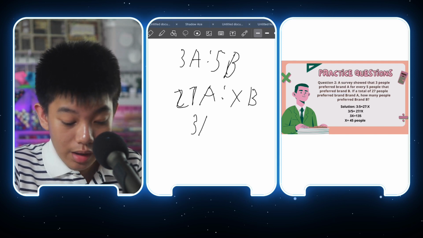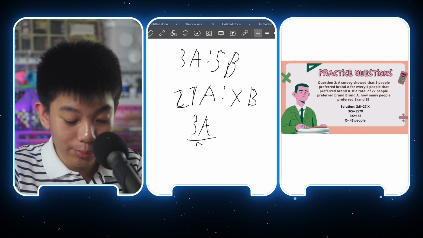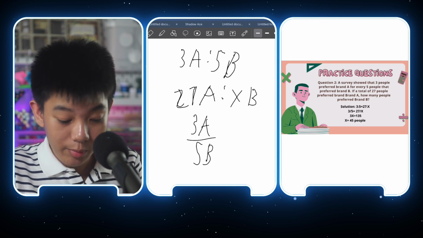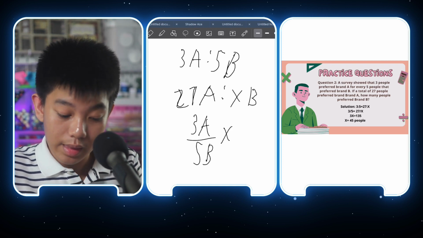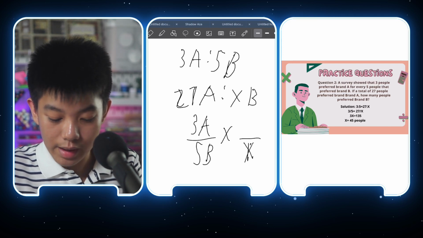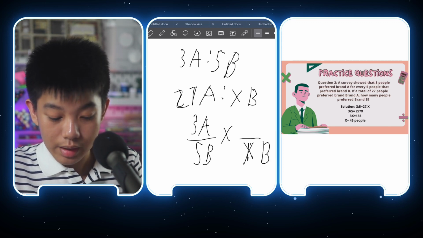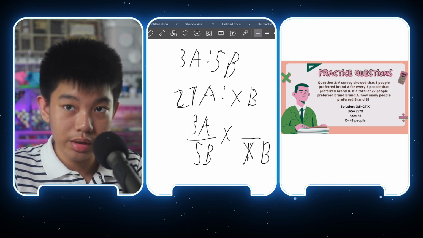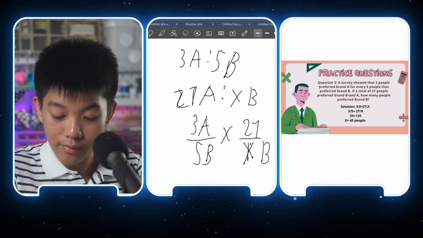This 3A over 5B needs to be cross-multiplied with B, or x, which is underneath 27A.